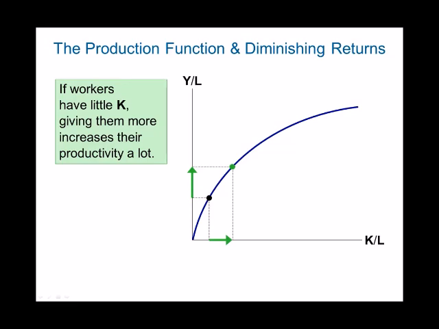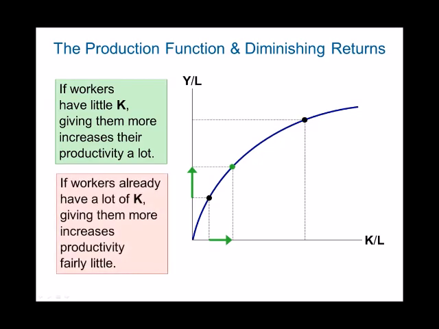So if a worker does not have a computer and you give that worker a computer, then his productivity will go up a lot. But now if that worker has 2 computers, and you give that worker another computer, then the third computer really does not have as much of an effect in increasing productivity as the other two. So it increases productivity just slightly.